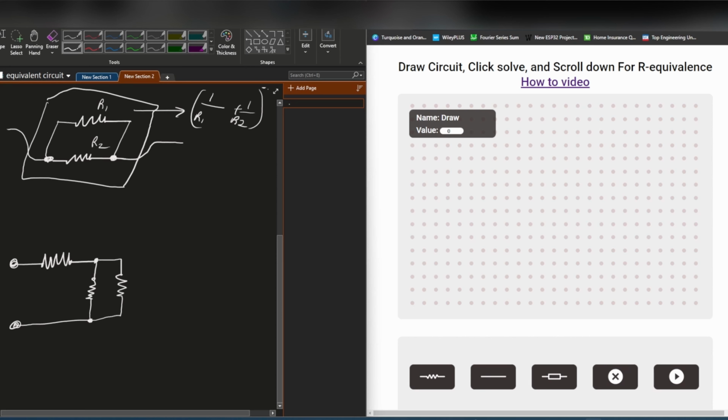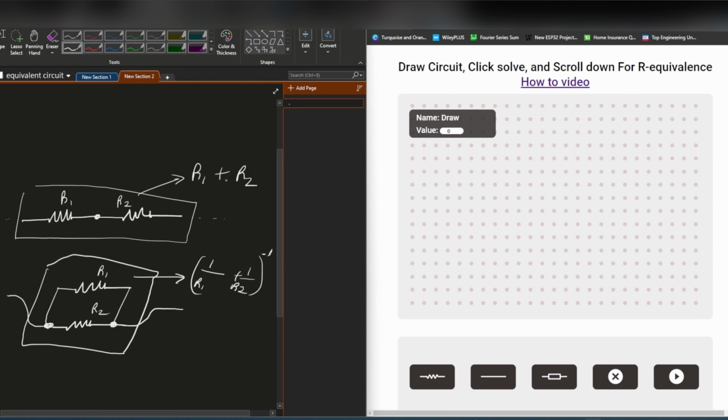Now notice for the first 2 examples, we were interested in what happened at a specific node, right? And this is the same thing for all circuits. Where you choose that node is important, because if we chose these 2 places, the equivalent resistance would just be R1 as opposed to R1 plus R2.